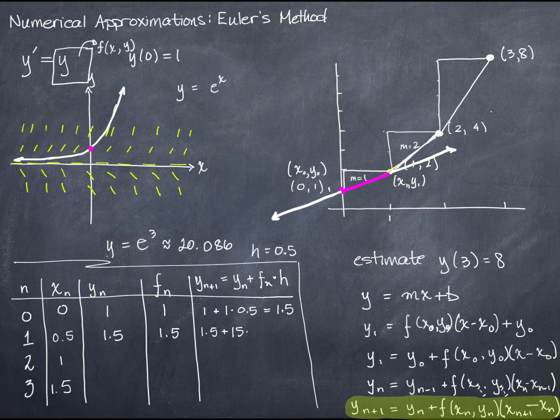And I'm going to multiply that by, forgot my decimal point there, 0.5. And that gives me 2.25. I think I better erase this vertical line here. It's going to get in my way. 2.25.